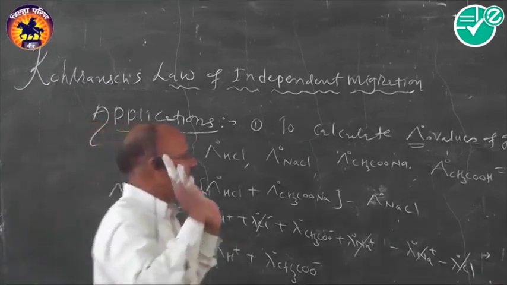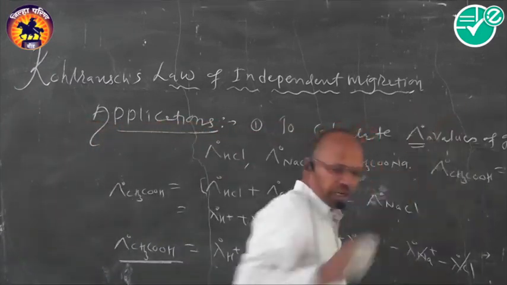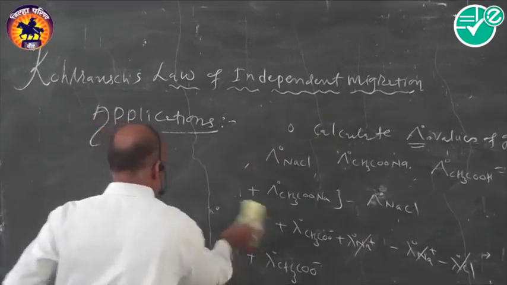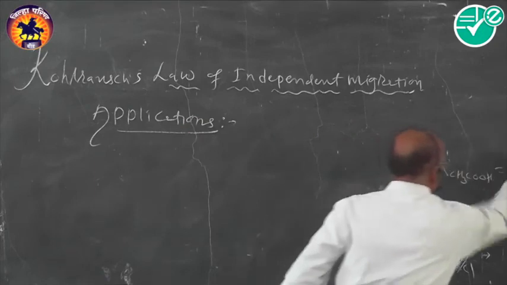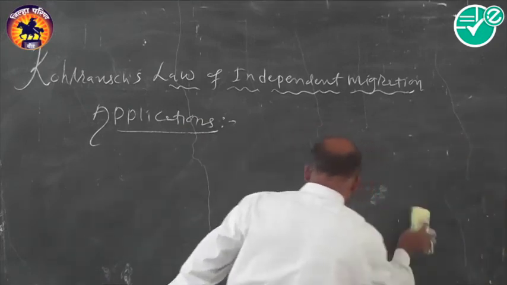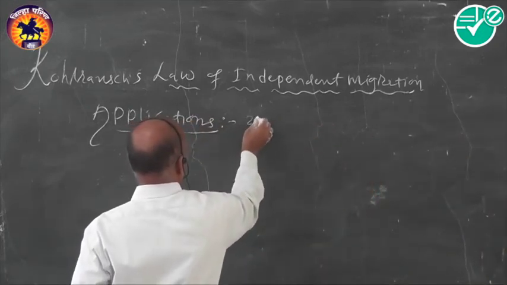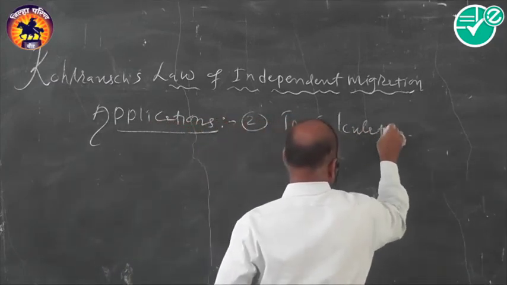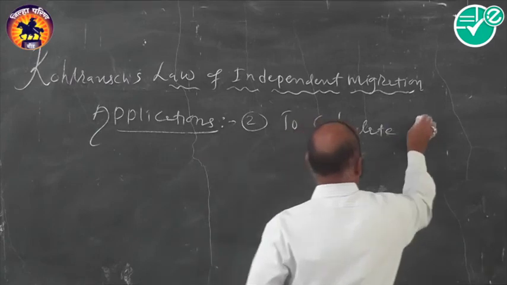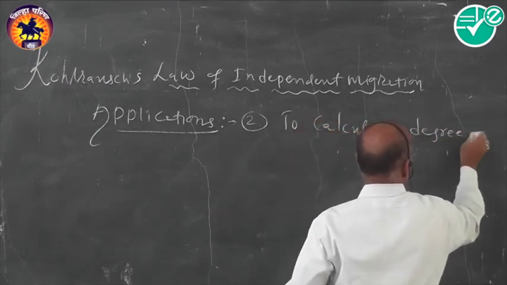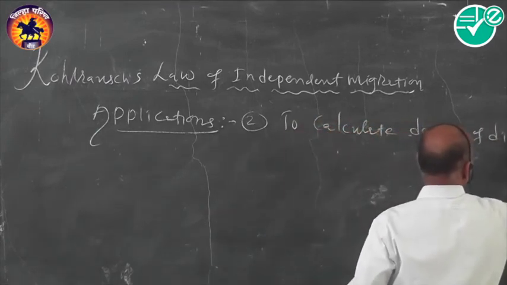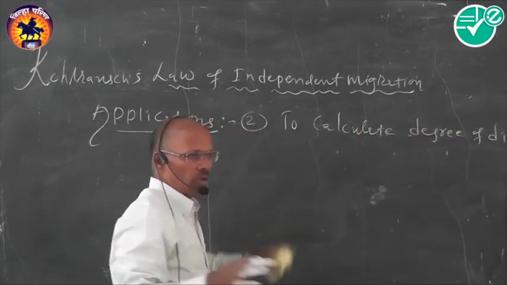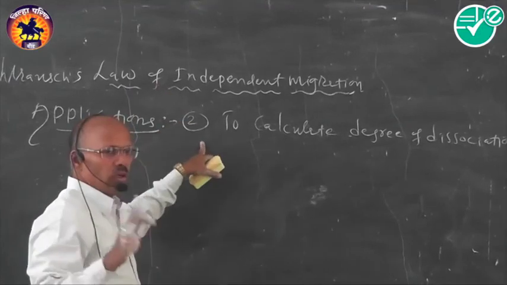The second application is the calculation of the degree of dissociation from the given values. How do we work out the degree of dissociation by applying Kohlrausch's law?